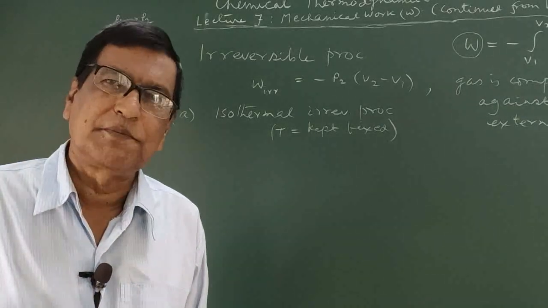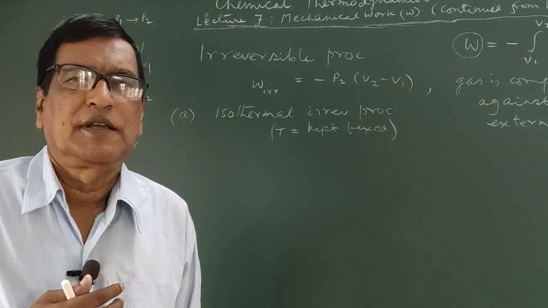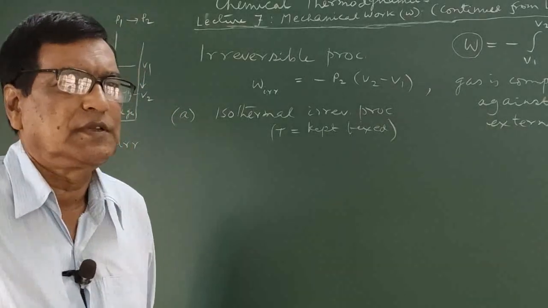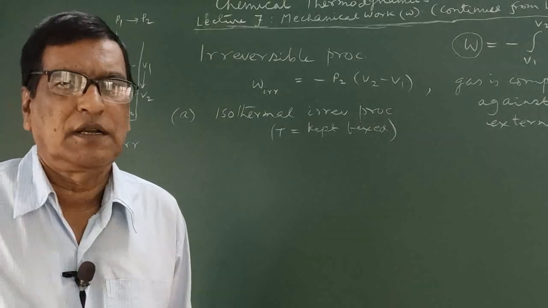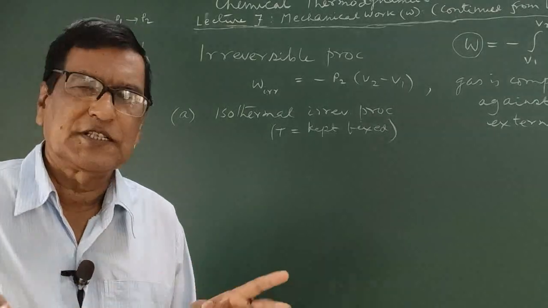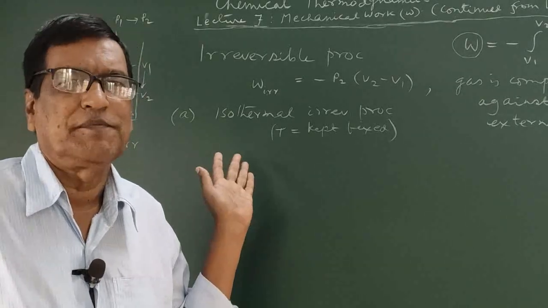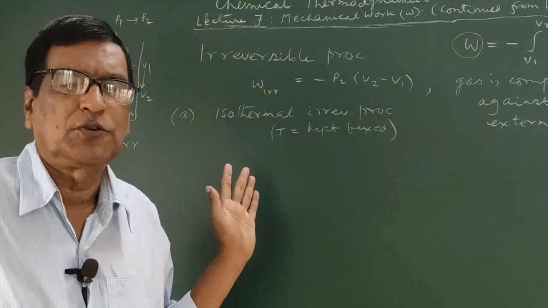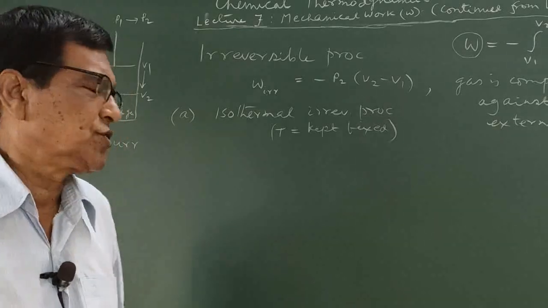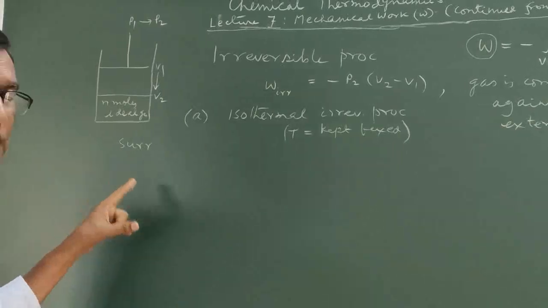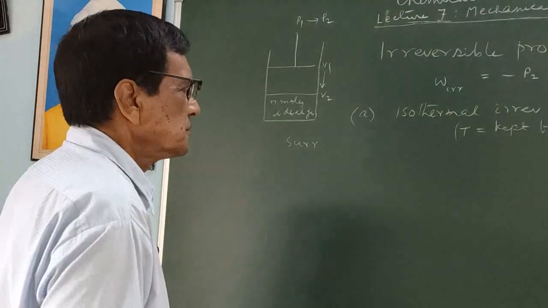The heat must enter from the surrounding to the system in case of expansion, or in case of compression, heat will go out from the system to the surrounding in order to keep this temperature fixed. And the walls are completely heat conducting, or dithermal.